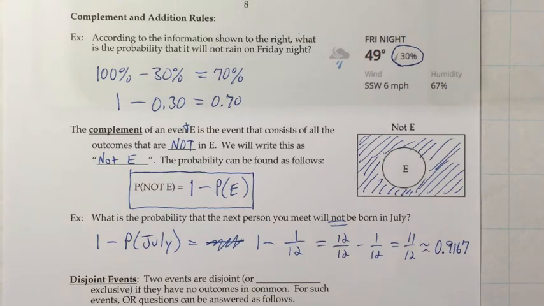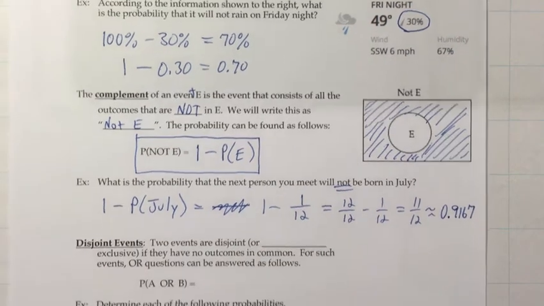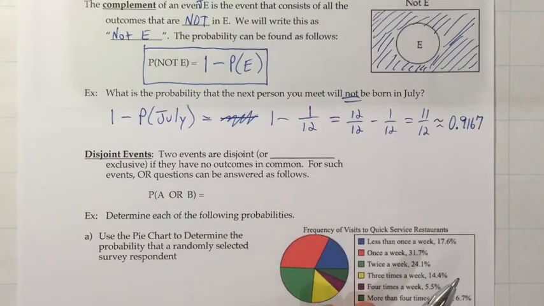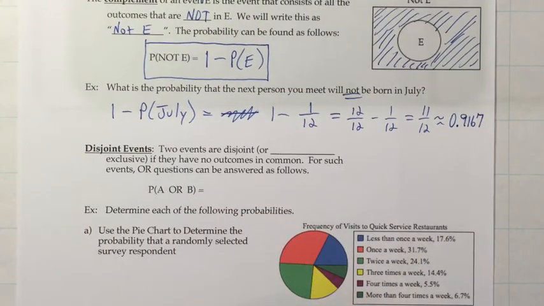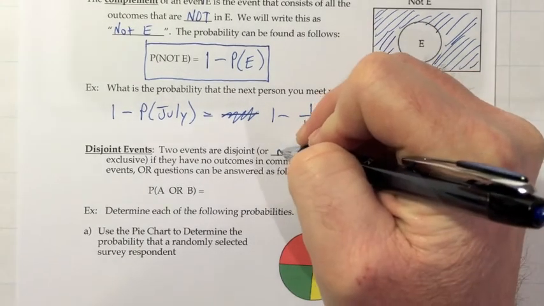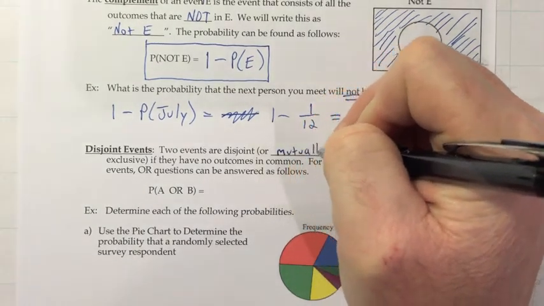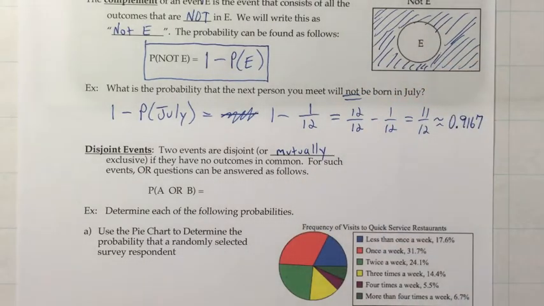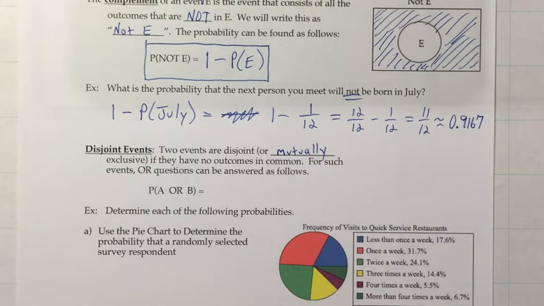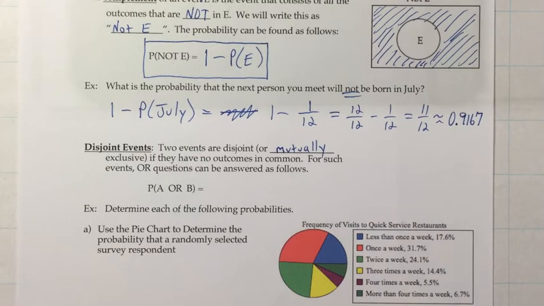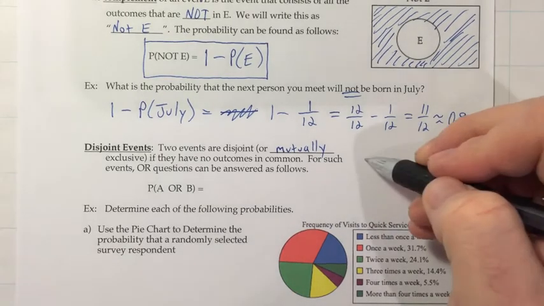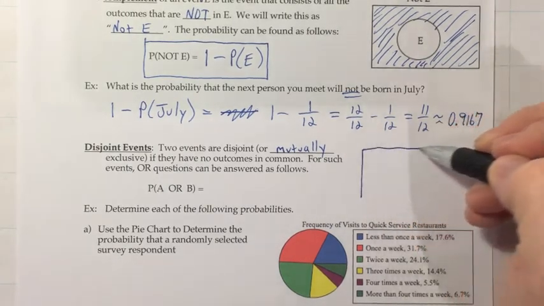All right, another definition that'll lead to another rule for us. Disjoint events. Two events are disjoint or mutually exclusive if they have no outcomes in common. So for such events, questions can be answered as follows. Let me draw you a picture first before I give you the rule.